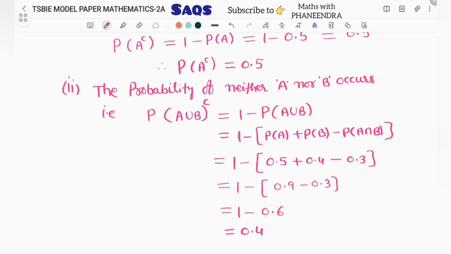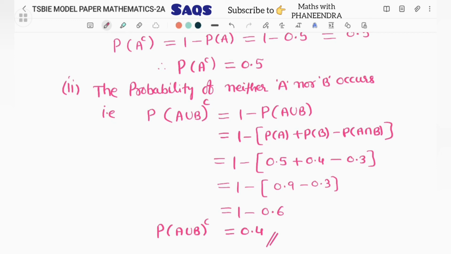Therefore, P of A union B complement is equal to 0.4.